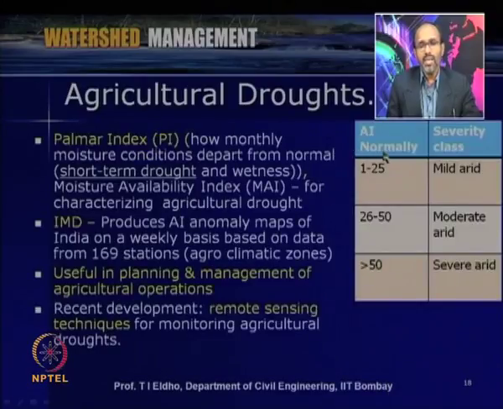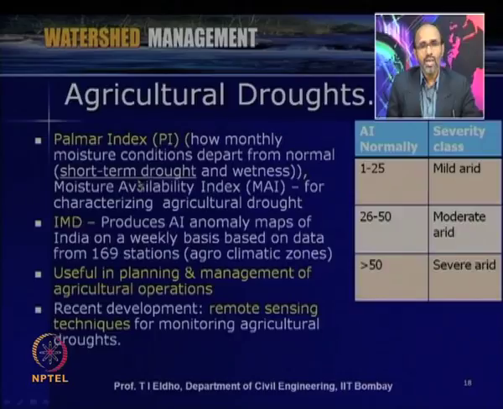Accordingly, with respect to the aridity index, when it varies from 1 to 25, we can say it is mild arid, then 26 to 50 we can say it is moderate arid, and when it is greater than 50 we can say it is severe arid. And then there are some other indices like the Palmer index, which shows monthly moisture conditions and how they depart from normal conditions.